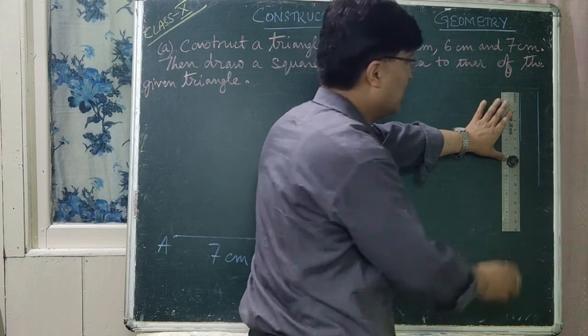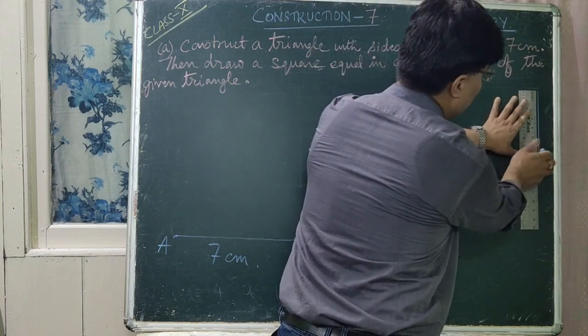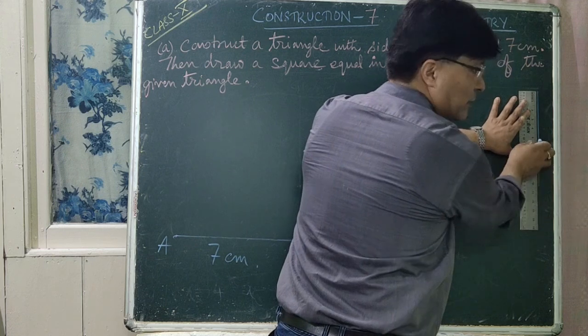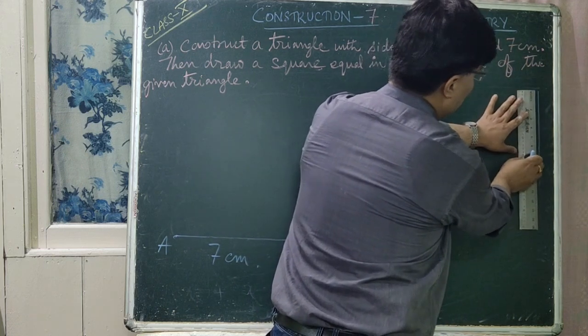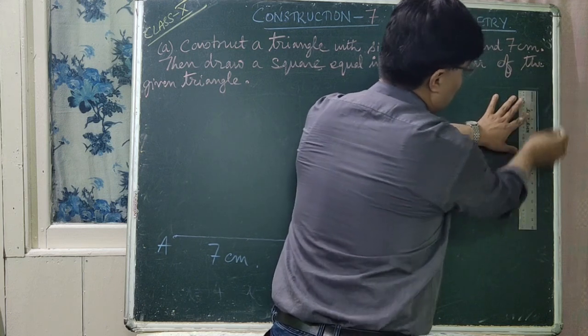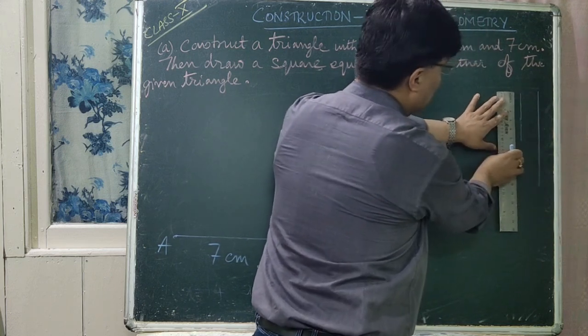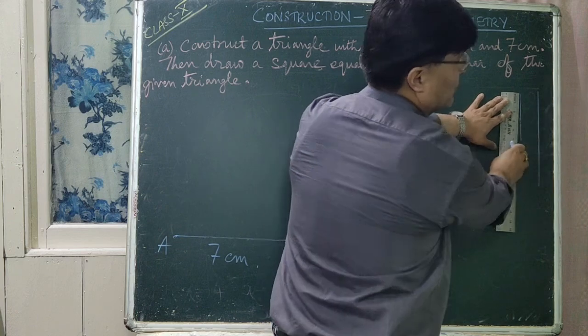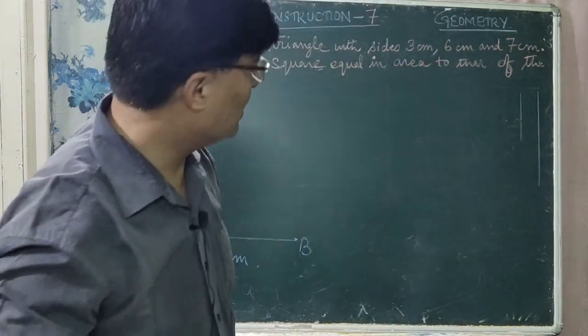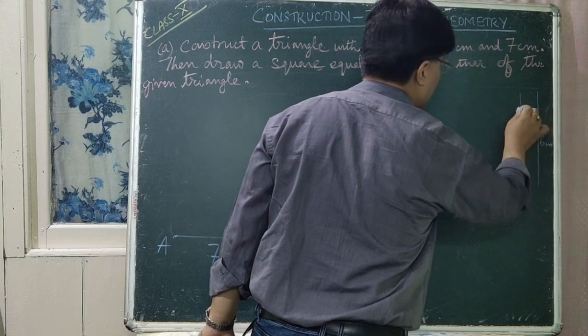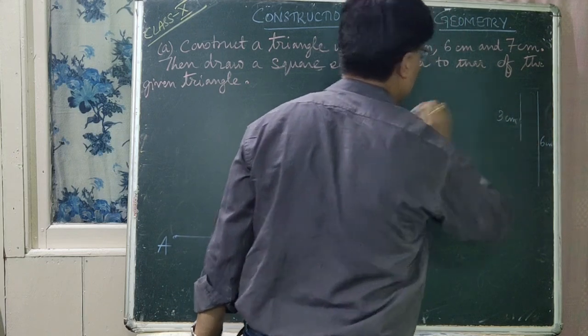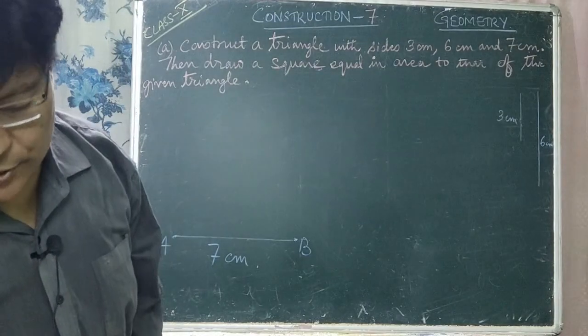You know, to measure the length, we go from 0 to 6 cm and from 0 to 3 cm. So I think you have understood it.